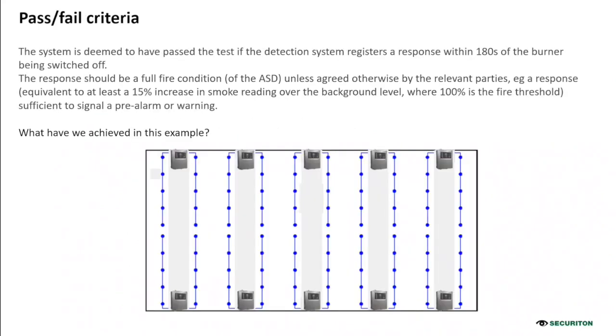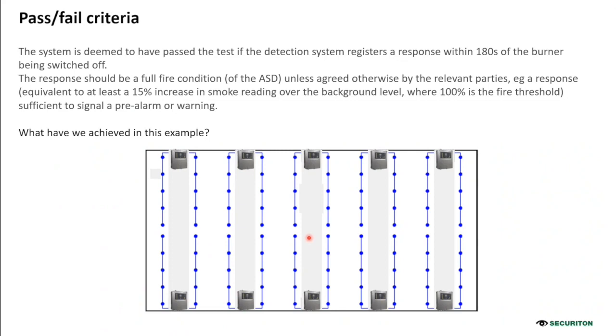And then if the system is performing, you should recognize an alarm within 180 seconds. So if any of these detectors goes into alarm, that means that the system is performing.